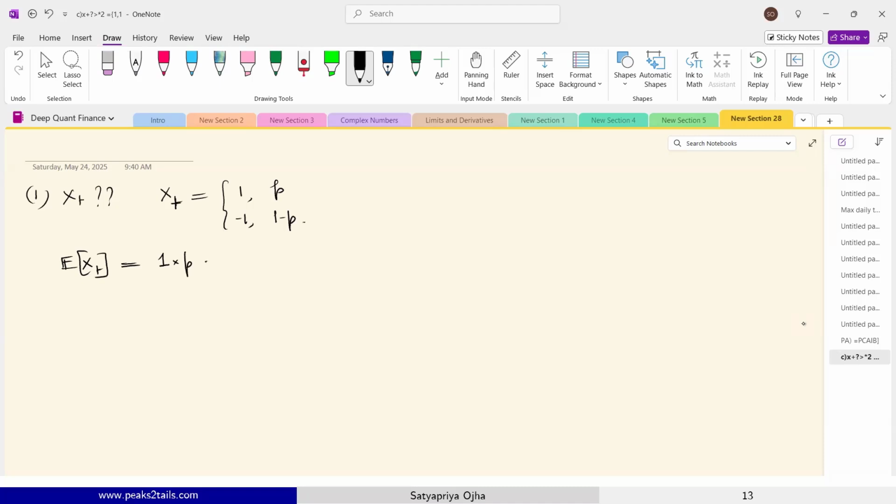Value times probability plus value times probability. P plus P minus 1, which is 2P minus 1. Since I have already specified that P equal to 0.5, this becomes 0.